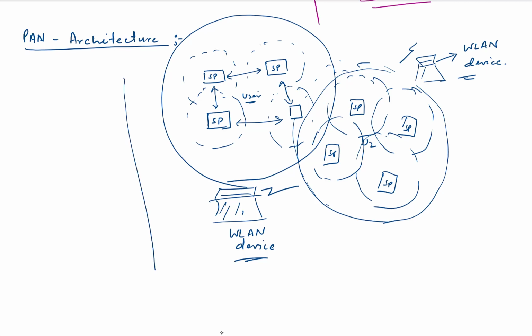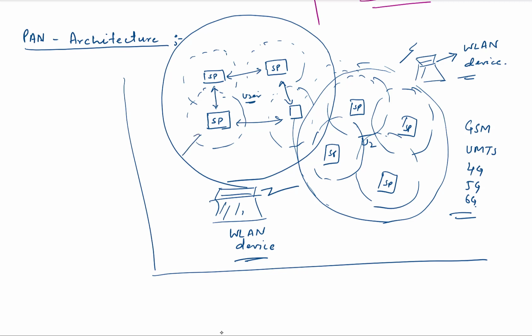In this PAN architecture, your backbone network can be GSM, UMTS, 4G, 5G, or 6G. Then these smart peripherals constitute your PAN architecture.